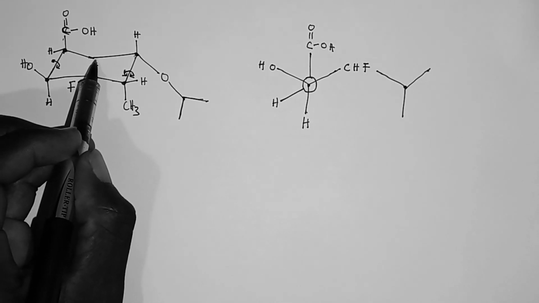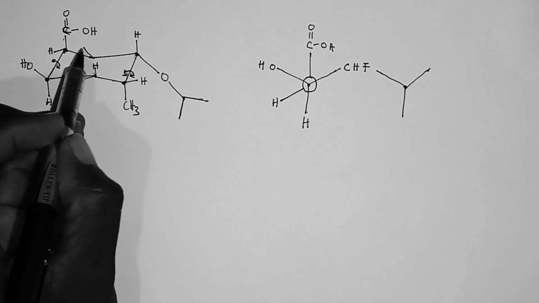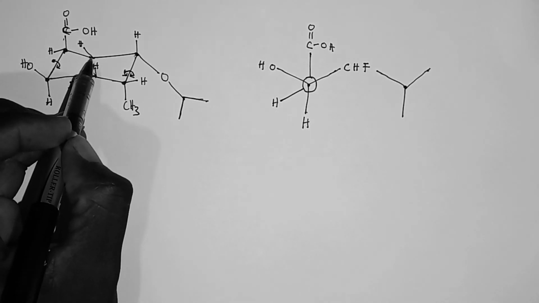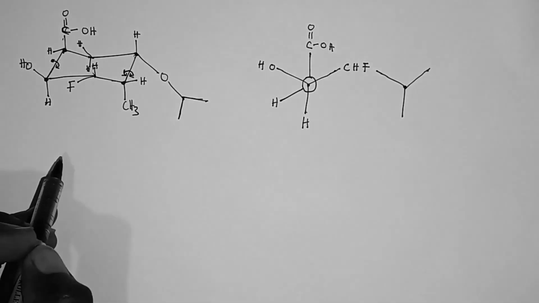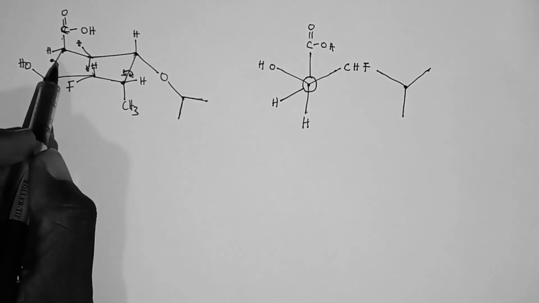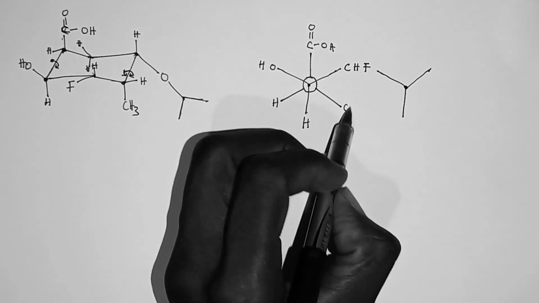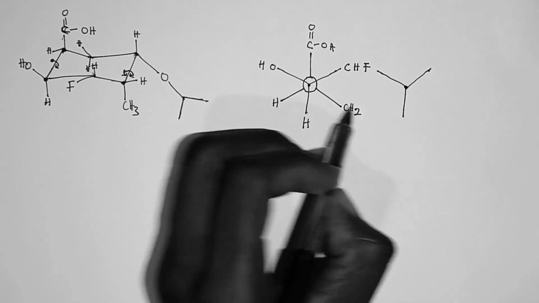And then this side is a CH2, because there is a proton in an equatorial position here, and one in an axial position over there. So that's a CH2. So to this side of the molecule, we have a CH2.